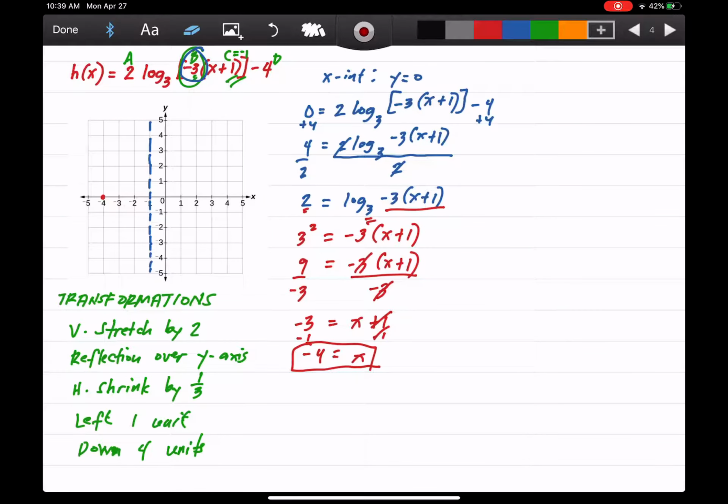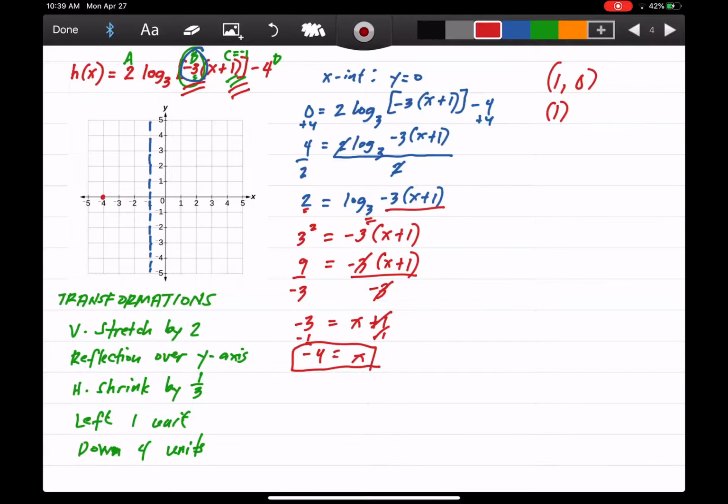Alright, so we need one more point. Okay, we know that the parent function here has an x-intercept at 1, 0, right? At 1, 0. So where will this 1, 0 go? Okay, so just repeat the process earlier. So for your x values, use this information, b and c. So your b, multiply that by negative 1/3. It's not negative 3, okay?